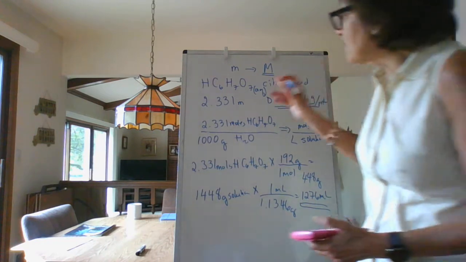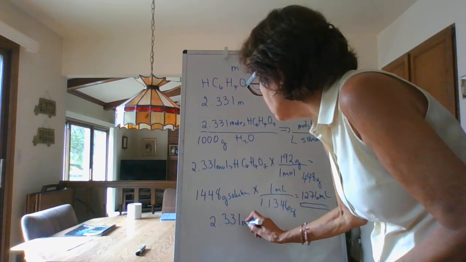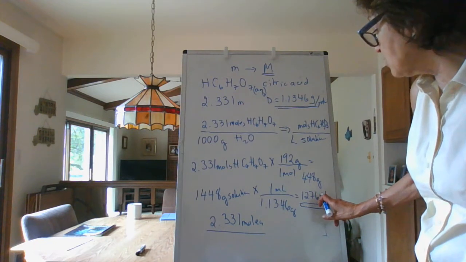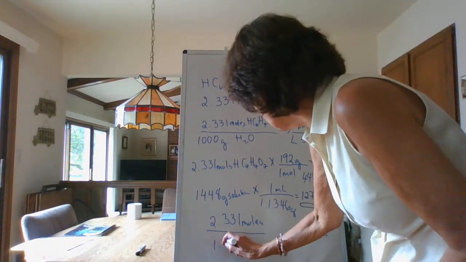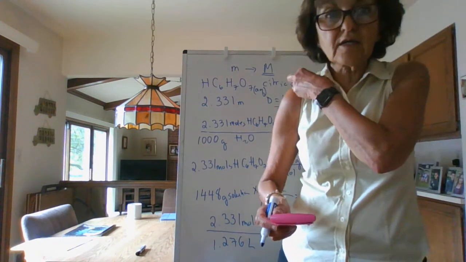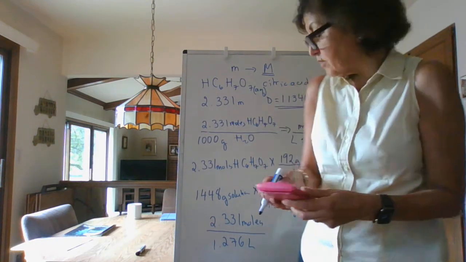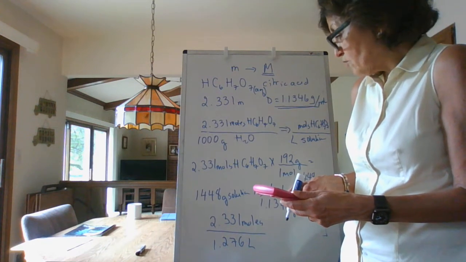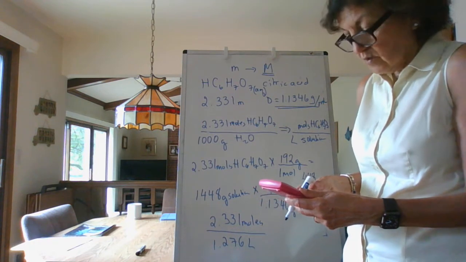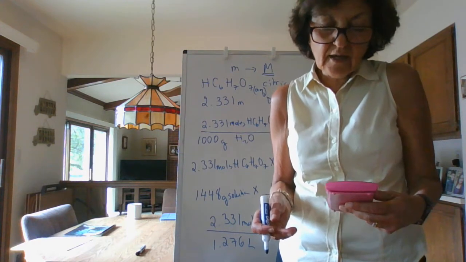All right, so now my final step, I'm going to take that 2.331 moles, and I'm going to divide it by the volume of the solution, but now I'm going to switch it to liters. So it's going to be 1.276 liters. Moles per liter is molarity. Everybody see that? All right, so let's go ahead and crunch the numbers. 2.331 divided by 1.276, and you end up with 1.8268.